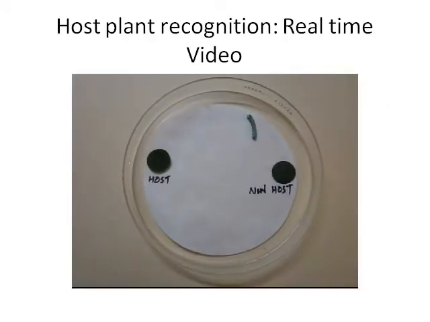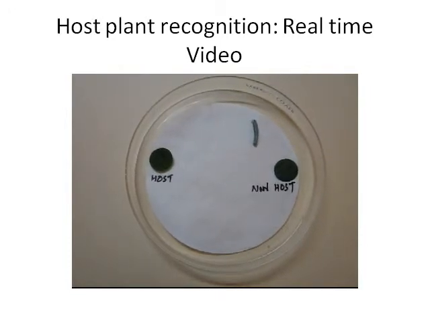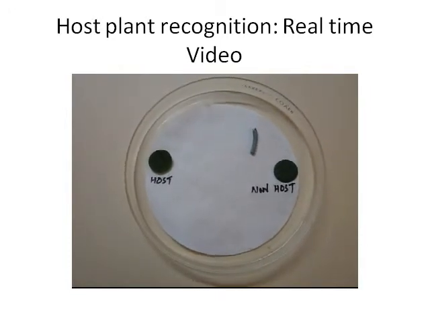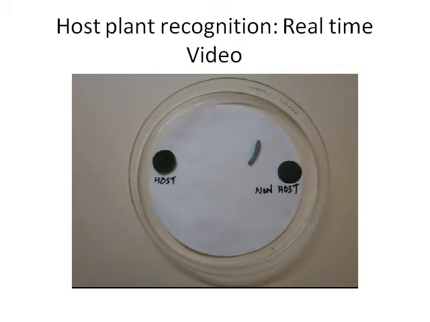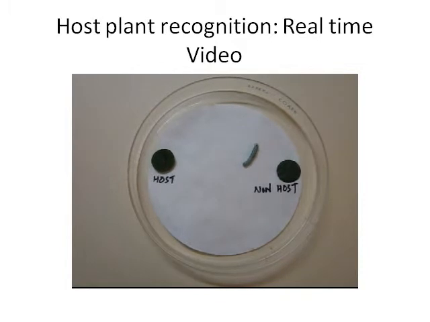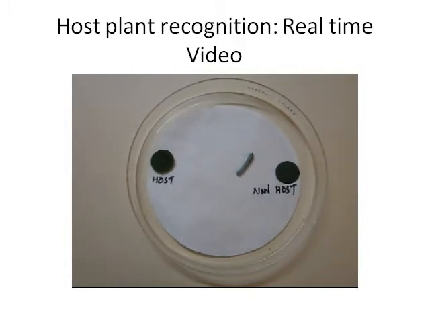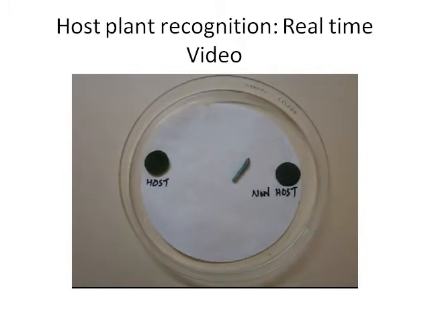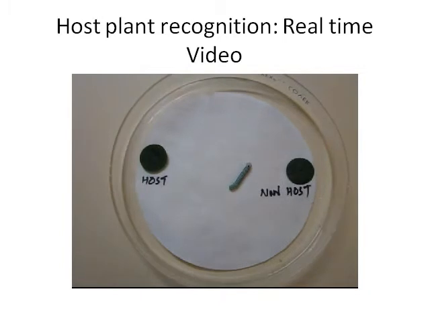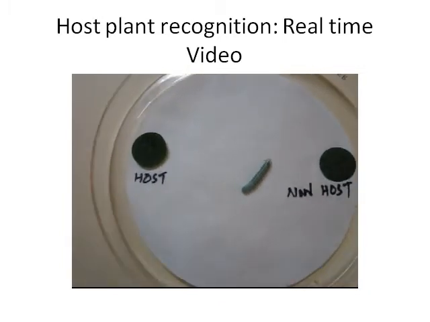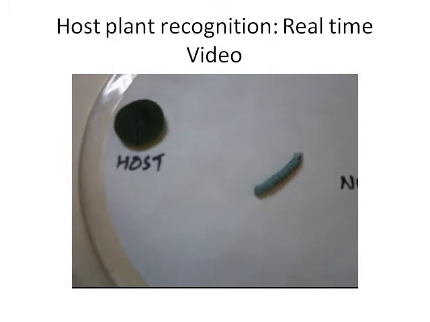Here is a real-time video of our host-non-host choice assay. The caterpillar starts near the perimeter, away from the leaf discs. Now the caterpillar is moving towards one of the leaf discs. If you look closely, you will notice the caterpillar's head is moving from side to side. It moves its head like this in order to determine the direction of the host plant's odor.